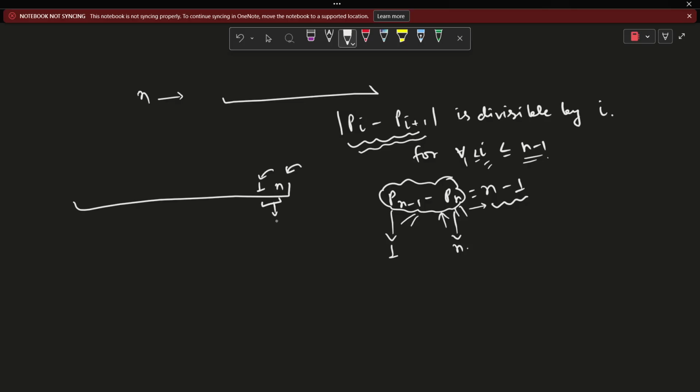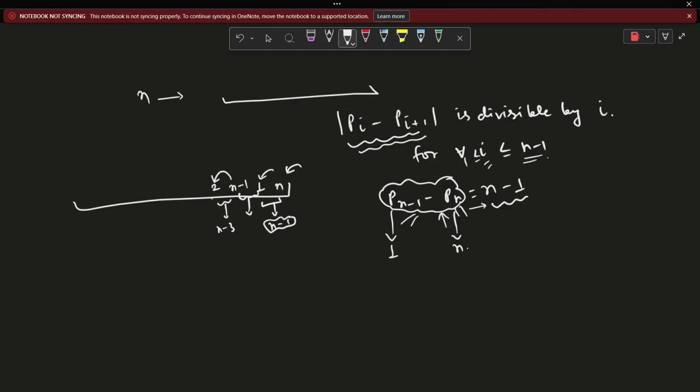So then this difference is divisible by n minus 1. To make the next difference a multiple of n minus 2, there's only one way, which is by putting n minus 1 here. Similarly, there's only one way to make this difference divisible by n minus 3, which is by putting 2 over here.